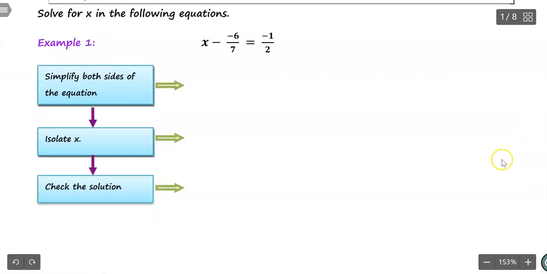For the example, we are solving for x in the following equations. Example 1: x subtract negative 6 over 7 equals negative 1 over 2.